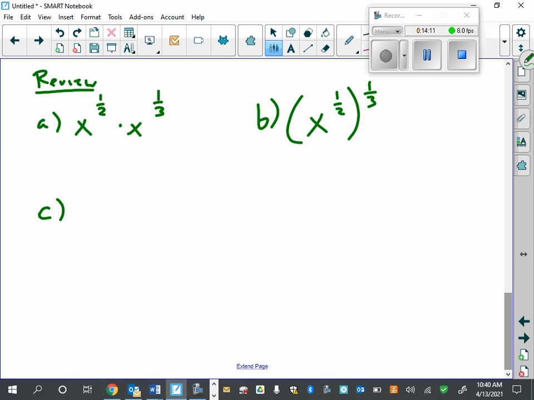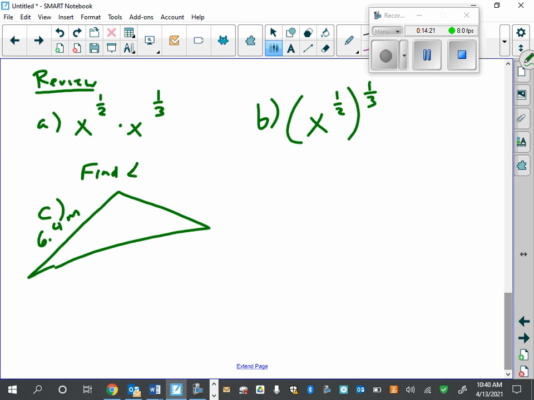C, so triangle: find angle YXZ. The angle is 27, and this side is 12.5 meters.